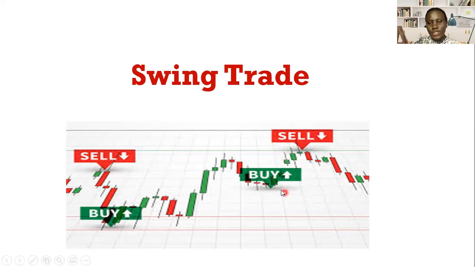You go long when the price is lower than its previous target. If it's lower, you buy the stocks and later on you sell them when the price goes up. This is after you have done all your analysis and you are very sure that the price is going to rise to its previous high.